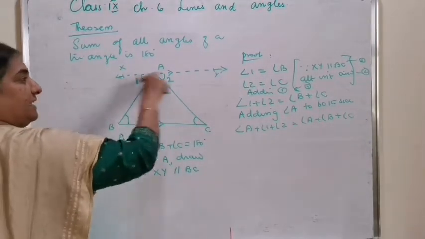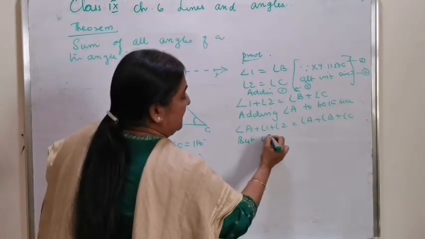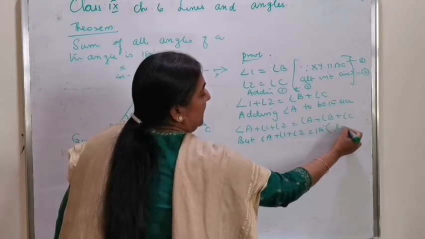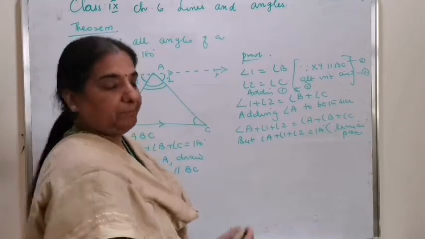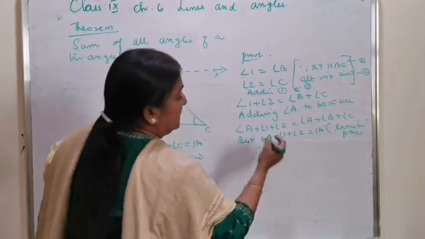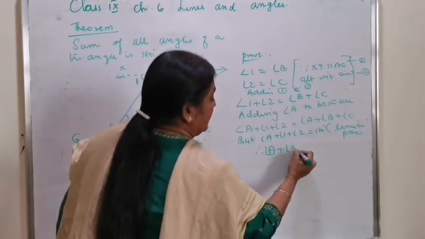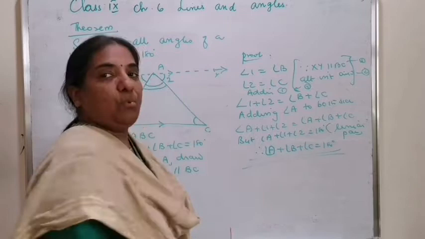Because we have constructed XY through A. Angle A plus angle 1 plus angle 2 is equal to 180 degree because it is a linear pair. Therefore, since LHS is 180 degree, RHS is also 180, that is angle A plus angle B plus angle C is equal to 180 degree.